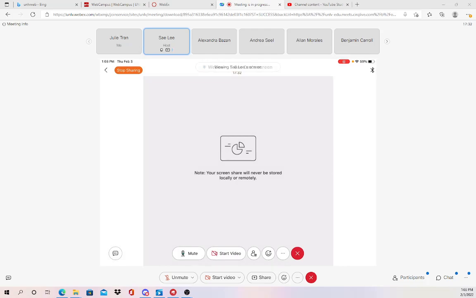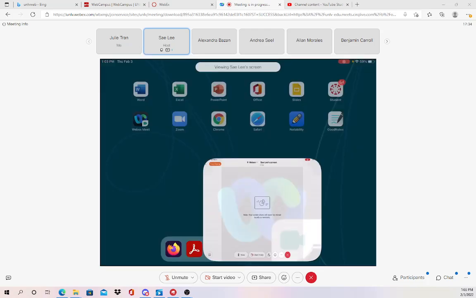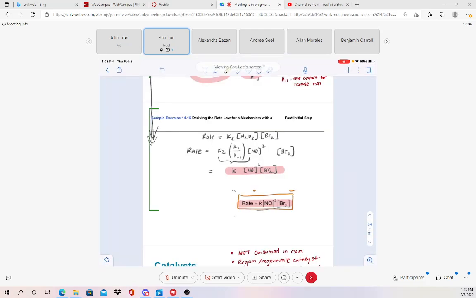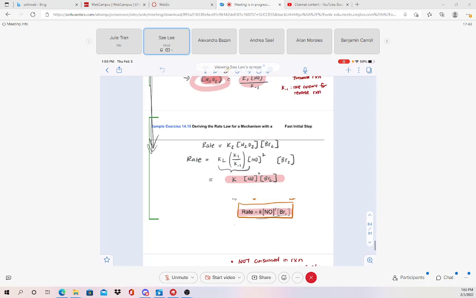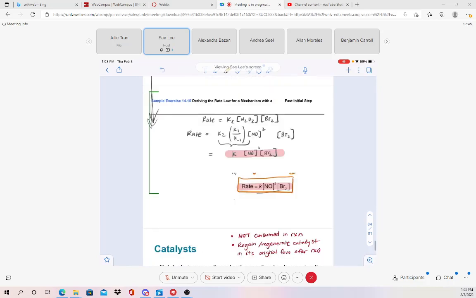Okay. I would like to quickly make a little correction for sample exercise 14.15 that we solved on Tuesday. What I did was the K1 and K4 reaction for step 1, and then the reverse reaction for step 2.